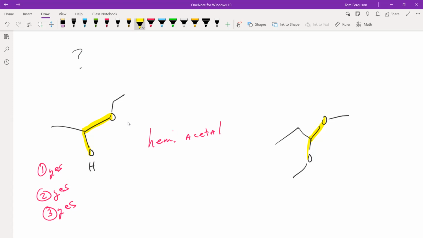No. So that means it's not a hemi. Okay. Is there an H there? It's carbon there. Does it have an H on it? Yes, it does.